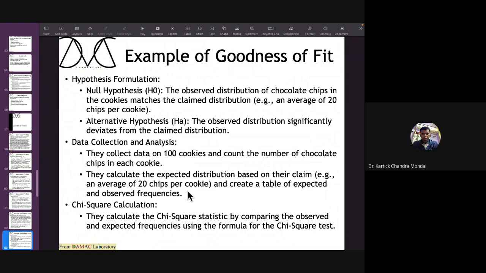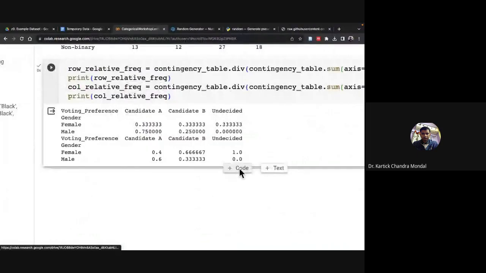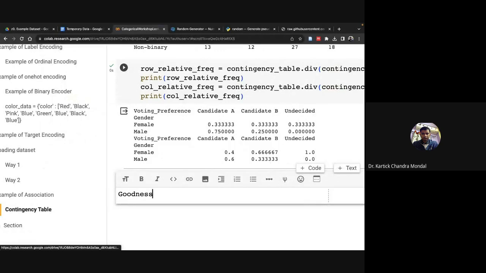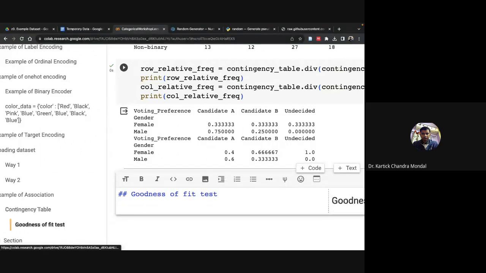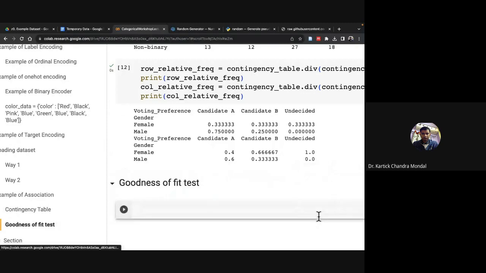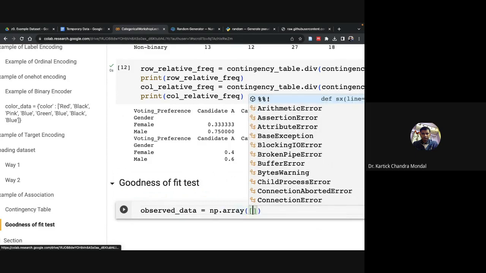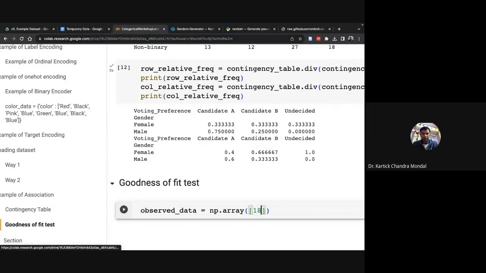So how can we do that? Say, goodness of fit test, and here the observed data is equal to np.array, say the values are 18, 21, 22, 16, and 23.